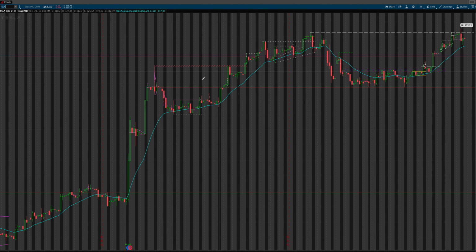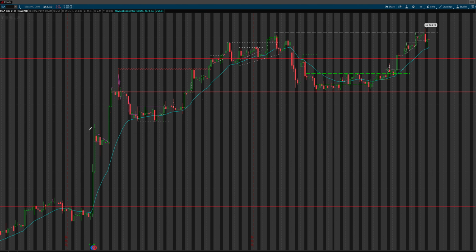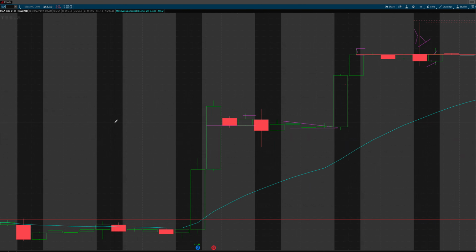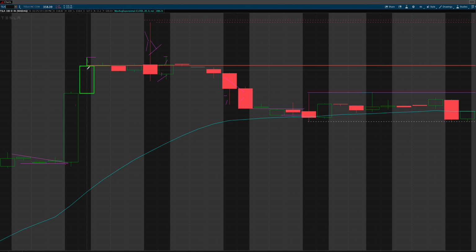So this red line is a technical level. Tesla pushed up, got rejected, pushed up, and created a resistance zone. If I get closer to this line, you can see every time this stock tried to push over, it closed lower. It opened up high and closed lower.